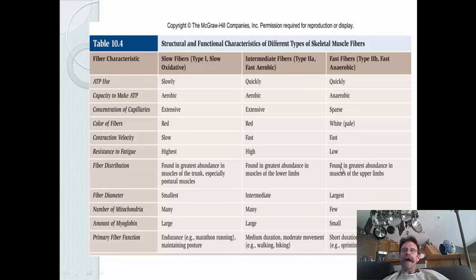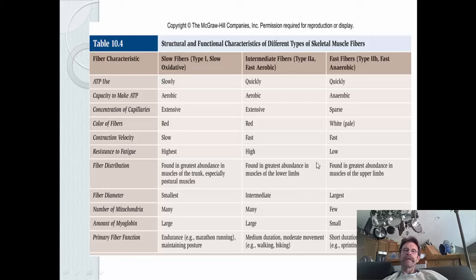We do know that in eyes, eye blinking, pretty fast activity, it has no slow fiber types, the muscles that cause eye blinking. But the muscles in the lower limbs might be 40% intermediate, 30% fast, and 30% slow. Some of them might be 50%.